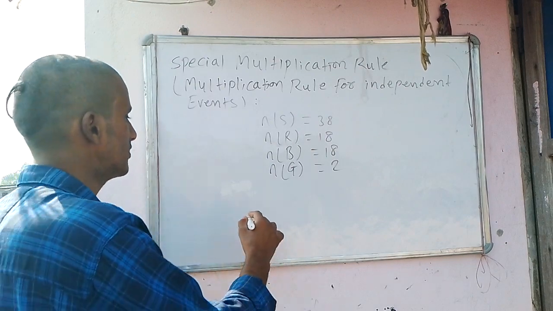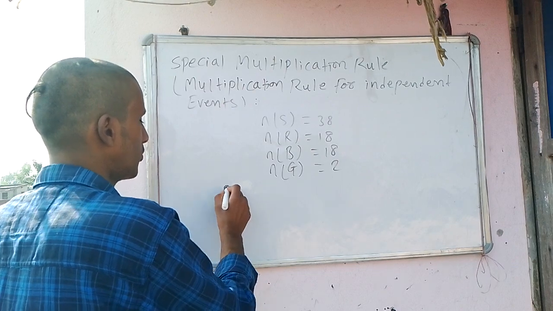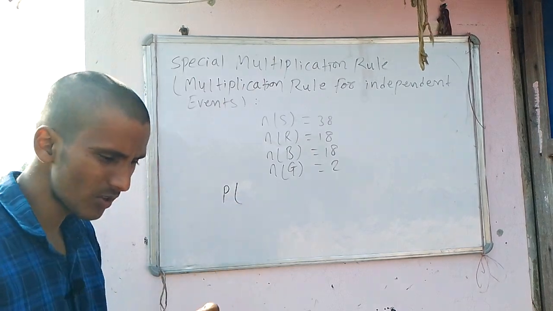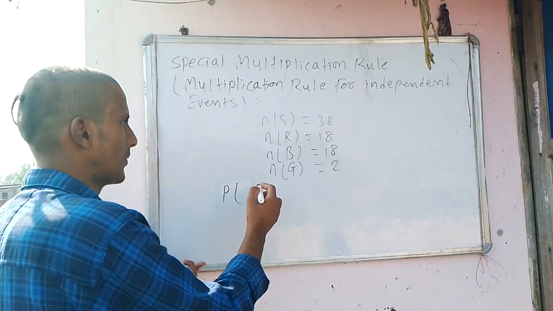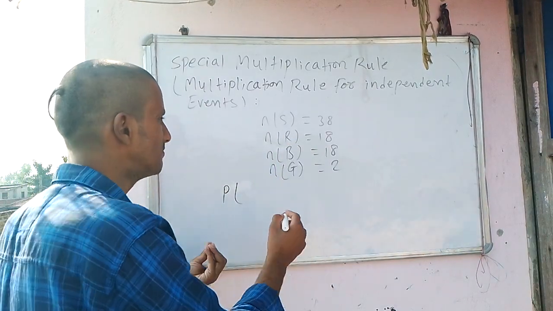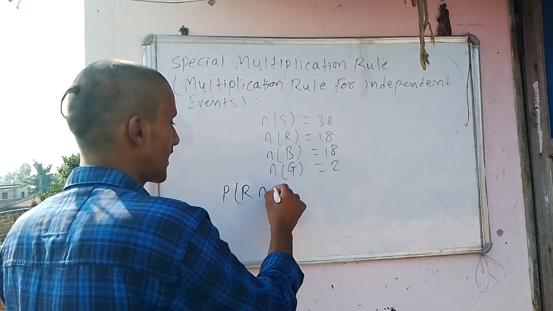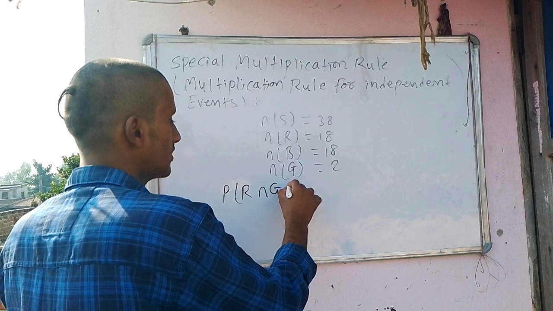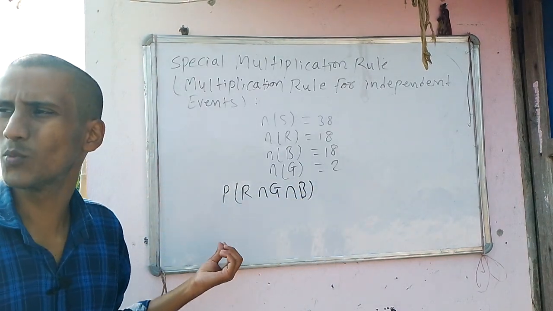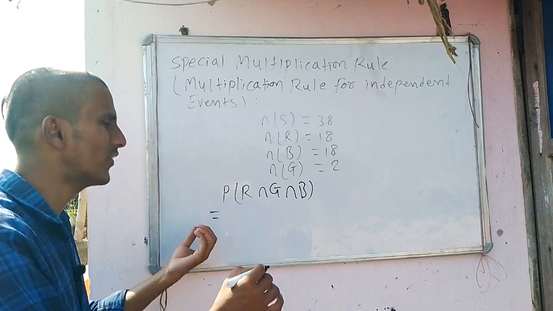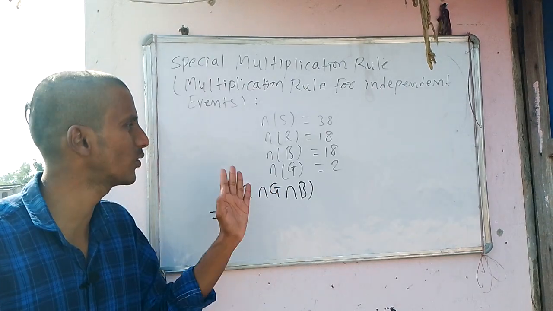You have to find the probability that the ball lands on red the first time, on green the second time, and on blue the third time. Are those events independent or dependent?